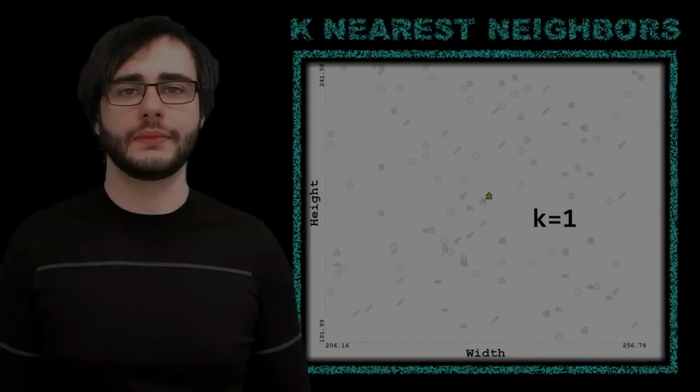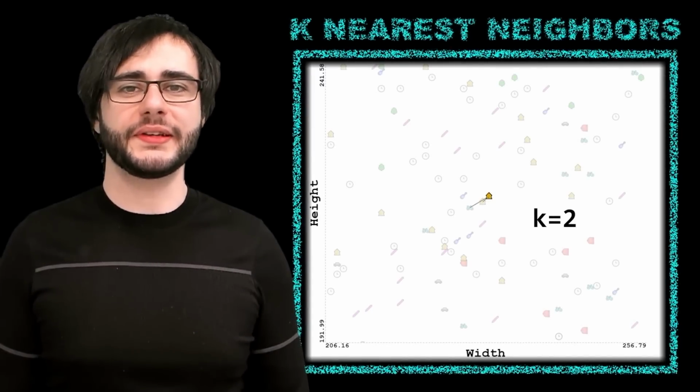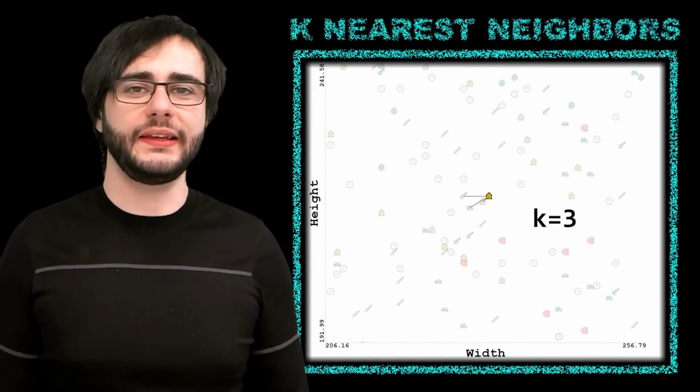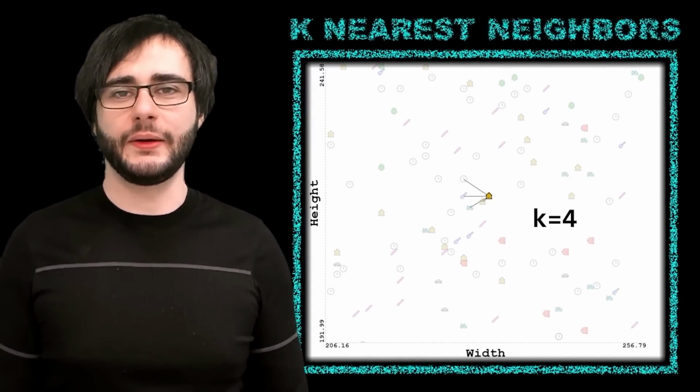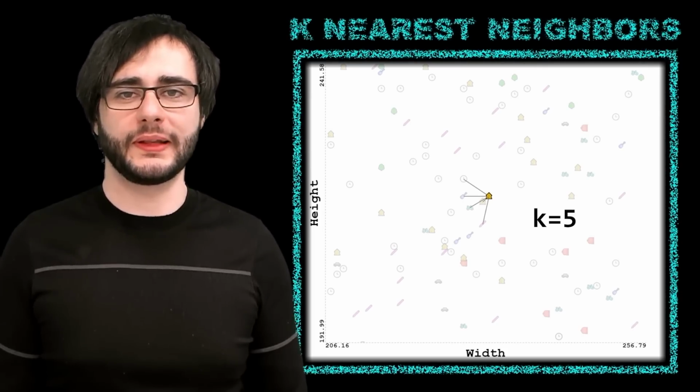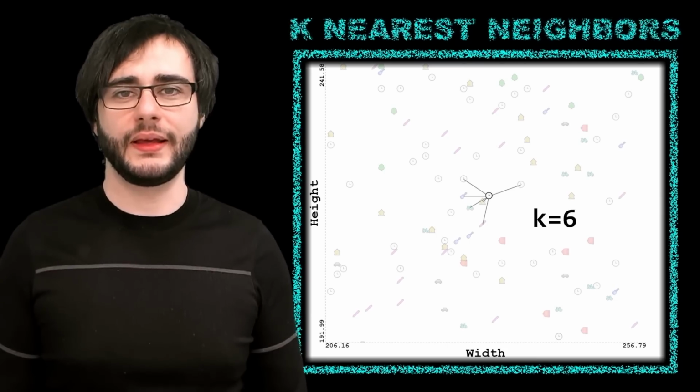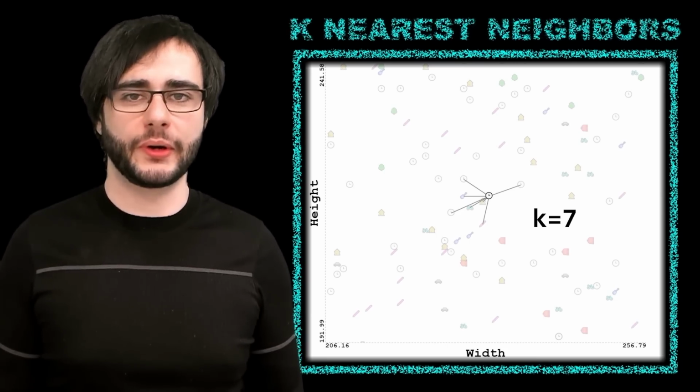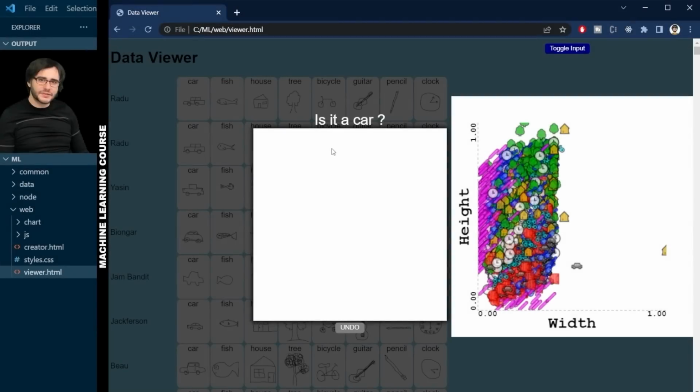A generalization of the nearest neighbor classifier is the k-nearest neighbors classifier, where k is the number of neighbors that will play a role in the classification. We'll decide the class based on the majority. Let's try drawing something here.